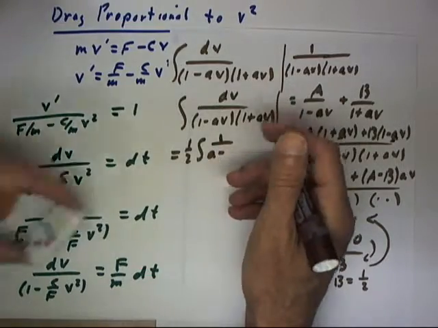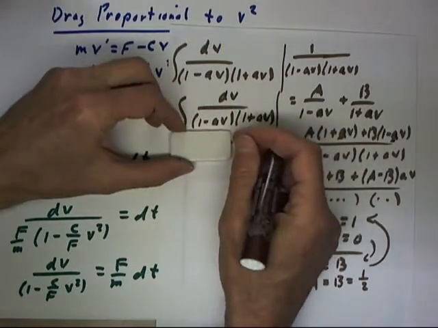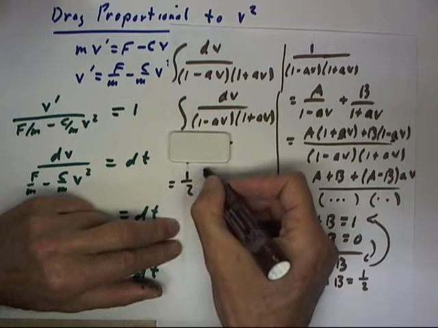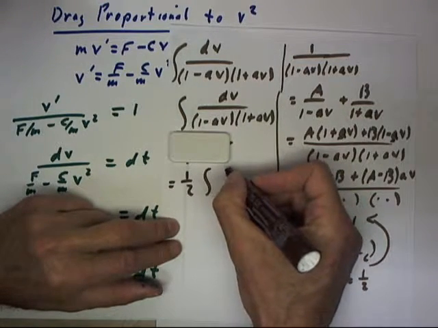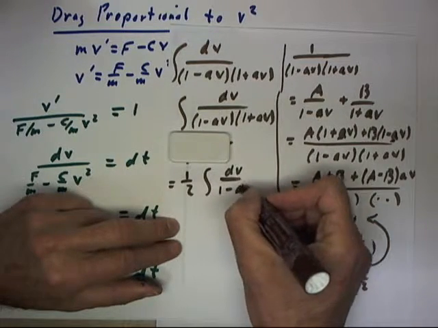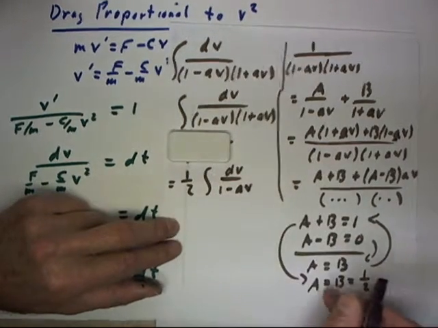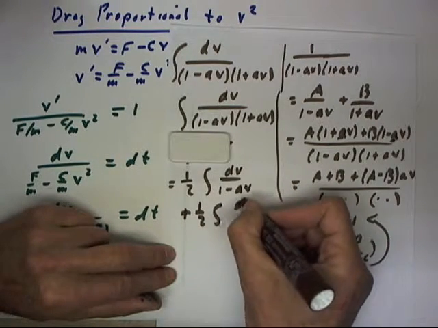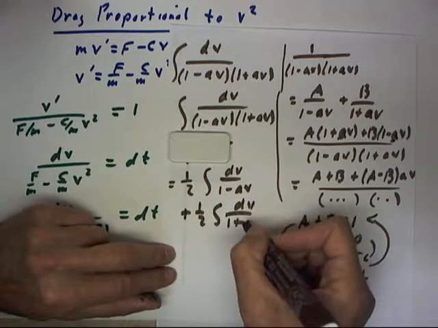Let's just get rid of that step and write it again. So this equals 1/2 the integral of dv over 1 minus av plus 1/2 the integral of dv over 1 plus av.